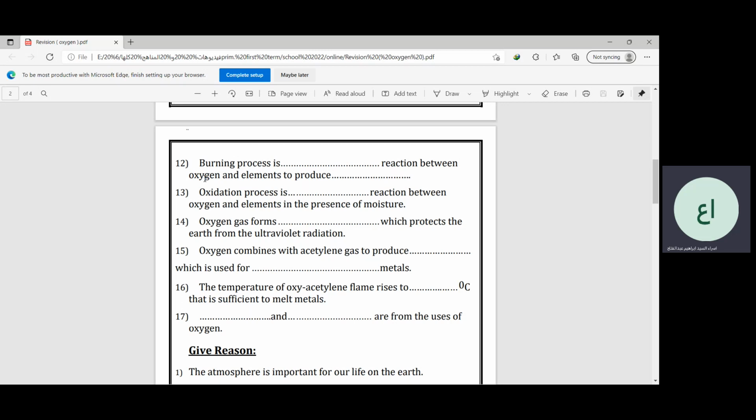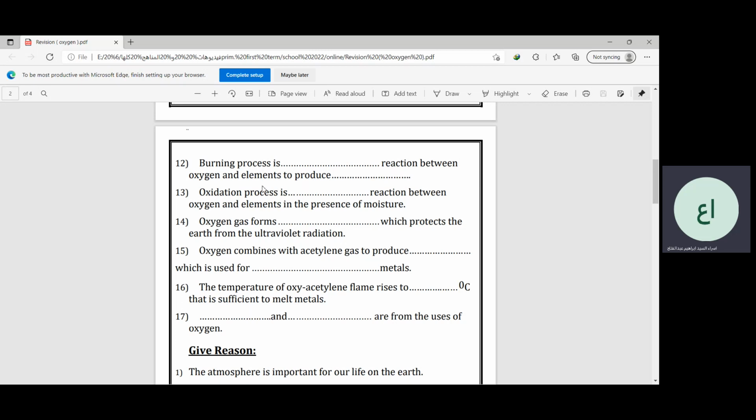Okay. يبقى هنا burning process is عبارة عن إيه؟ rapid reaction or combination between oxygen and element to produce heat and light. يبقى هنا تاني. Number 12. burning process is rapid reaction. Okay, between oxygen and elements to produce heat and light.